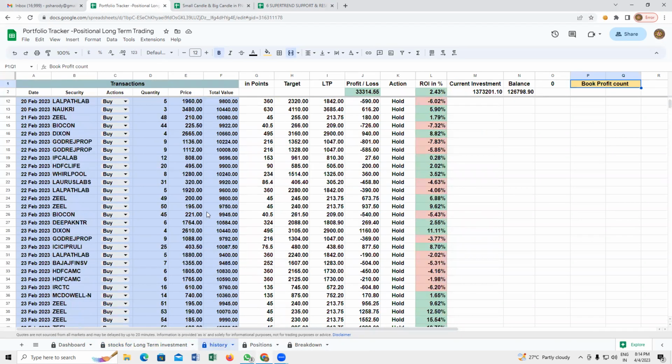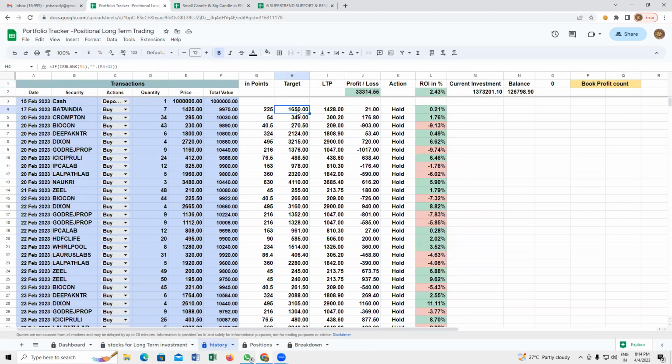Here we have also calculated the target price, the target buying price difference and the target in points. You can see that I'll be booking profit in Bata India at 1650, and the current price is 1428. So the profit is 21 rupees in 7 shares.